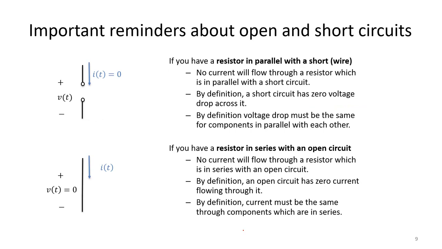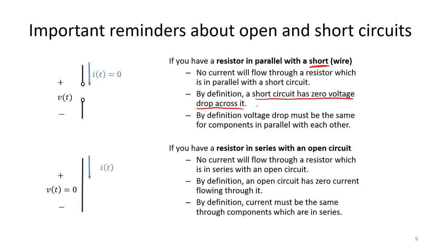It's also very important that you remember how to deal with circuits that contain opens and shorts. Remember, if you have a resistor or any component that is in parallel with a short, that short acts like a plain wire. By definition, a short always has 0 volts across it. So if you have any other components in parallel with a short, those components will have 0 volts across them.